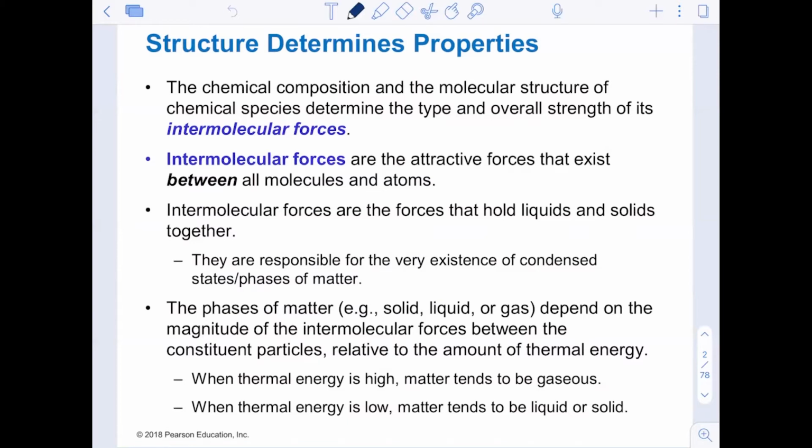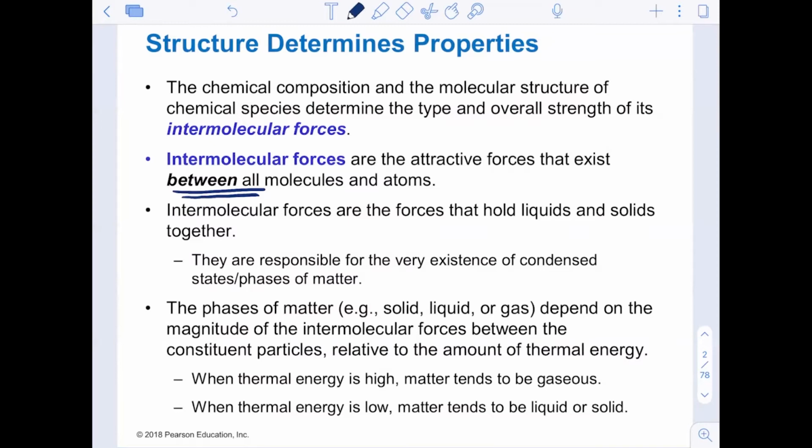Now, intermolecular forces are attractive forces that exist between all molecules. Between two molecules at least, all right? So when we draw an intermolecular force, we have to be drawing at least two atoms connected via this attractive force, not a chemical bond, okay? An intermolecular force is what holds liquids and solids together.